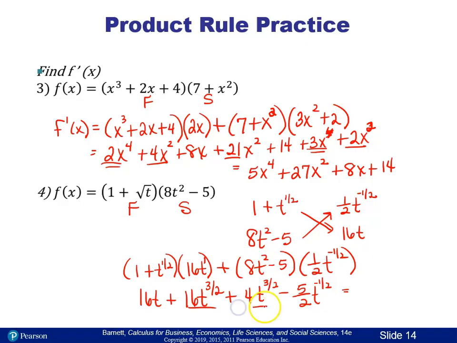So we do have a set of like terms there, so we'll have 16t plus 20t to the 3/2 minus 5 over 2 t to the 1/2. Okay, but as far as having full credit, as long as you get to this point here, that would be sufficient.